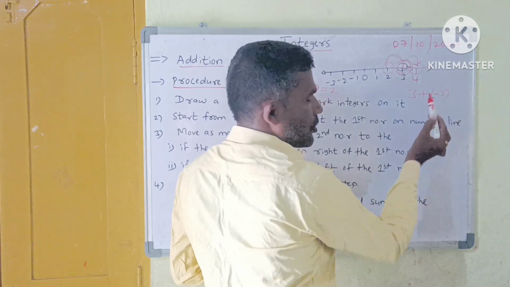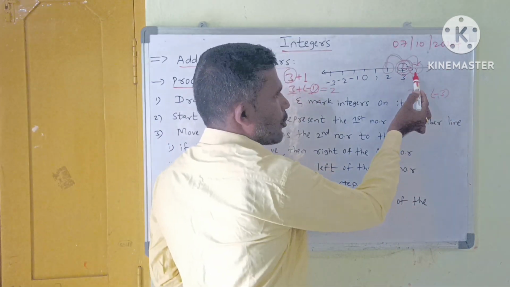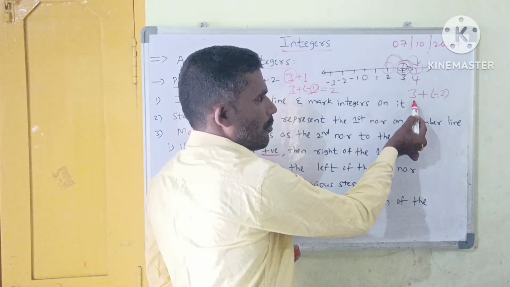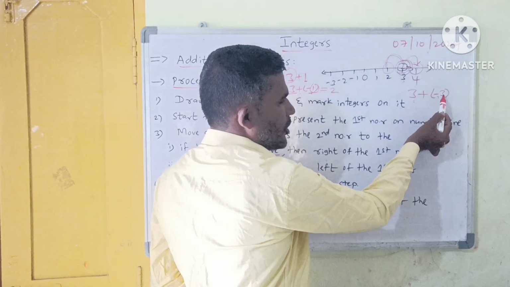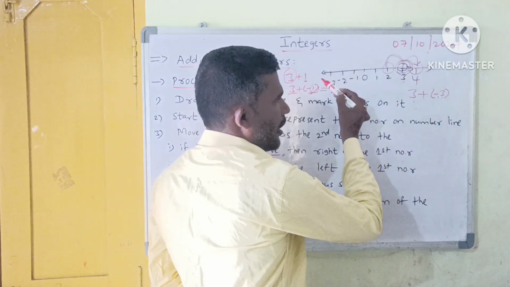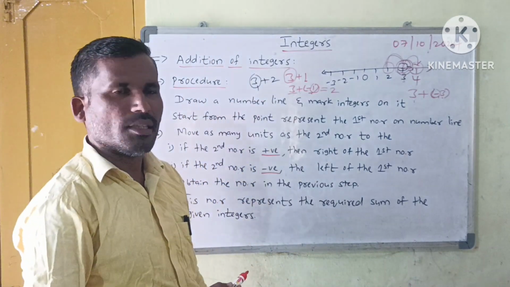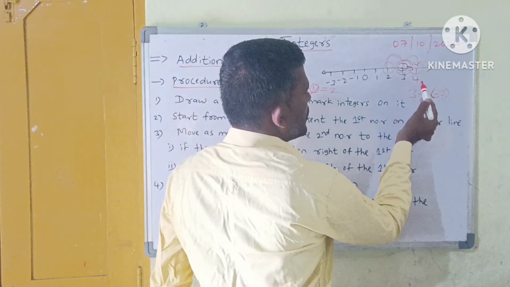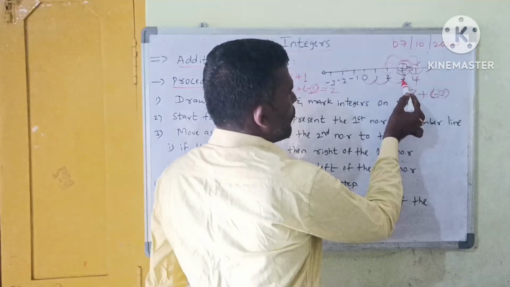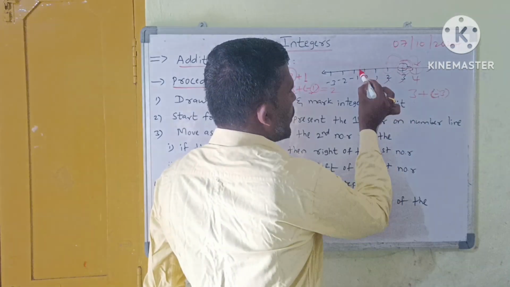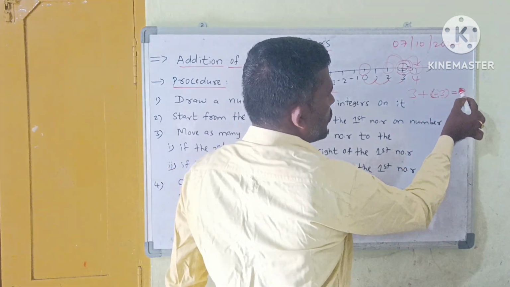Here it is negative, so you move to the left side of the first number. You have to move 3 steps, 3 units, 1, 2, 3. When we moved 3 steps we stopped at 0. Therefore 3 plus minus 3 equals 0.